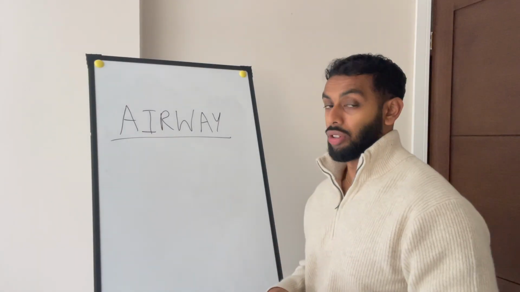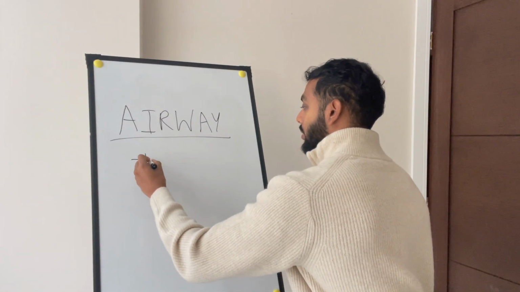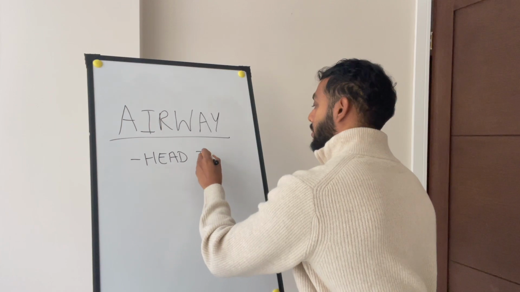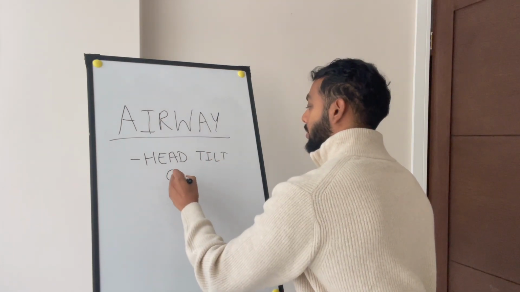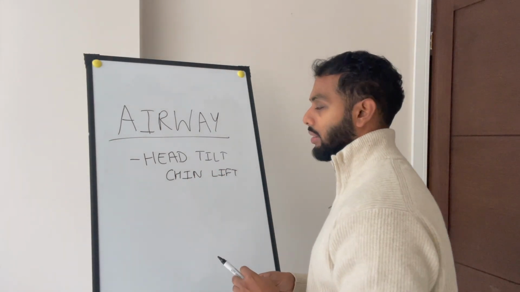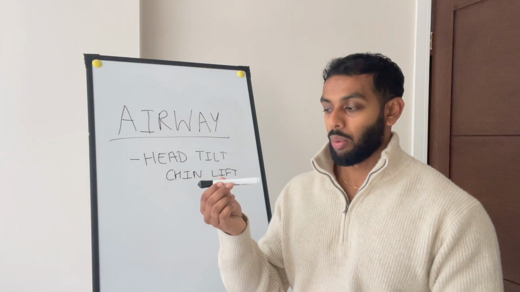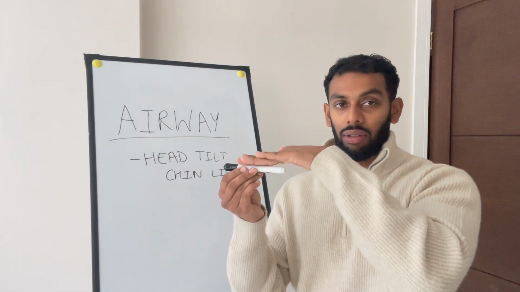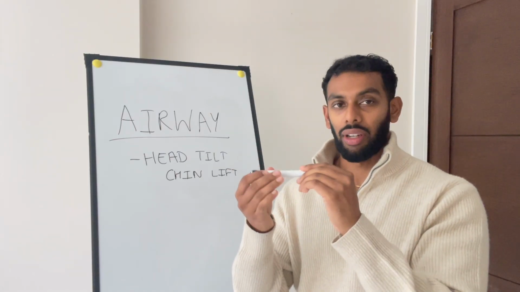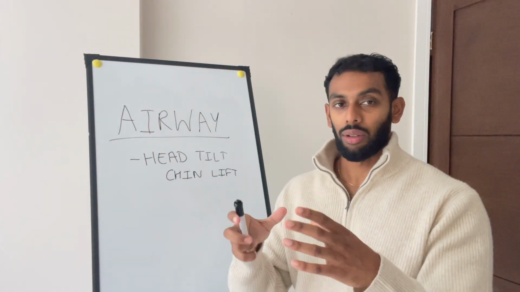So there's three things you can do to manage the airway. The first thing is head tilt, chin lift. The reason you do that is because if you picture this pen as the airway and something is pressing down on it, soft tissue, tongue, anything of that sort, and it's obstructing the airway so that air cannot pass through, you do the head tilt chin lift.